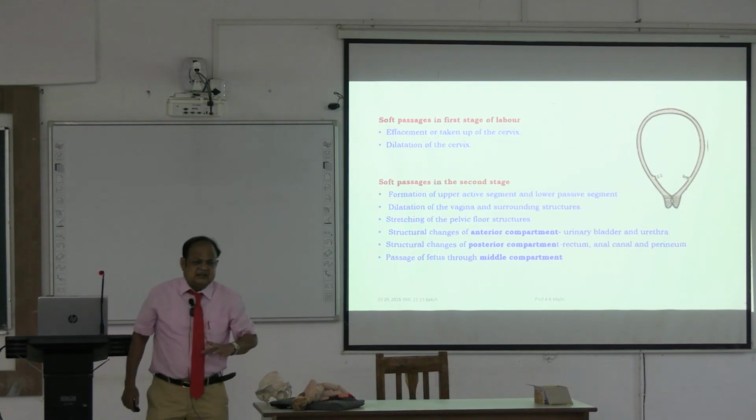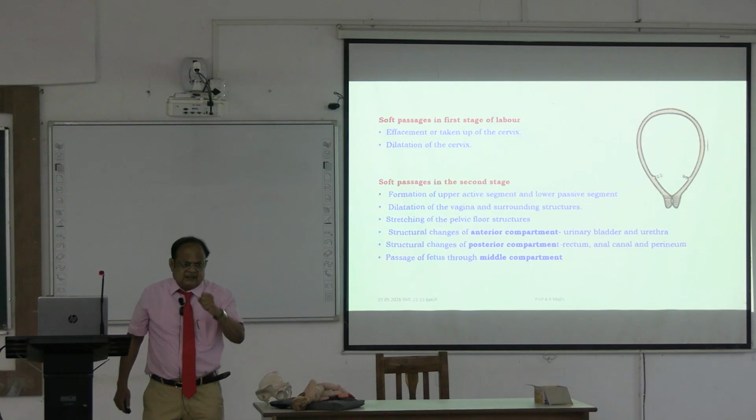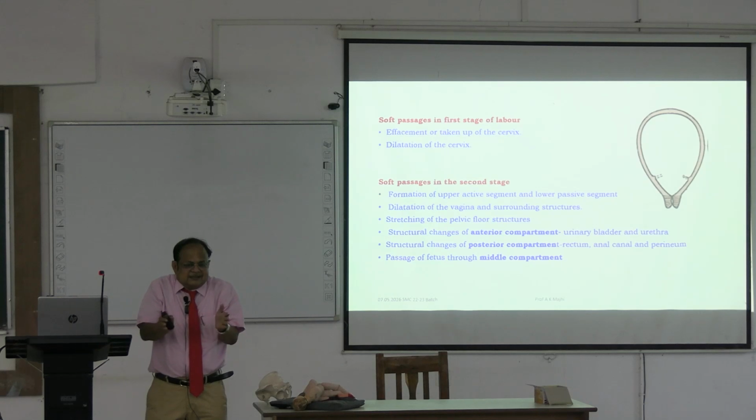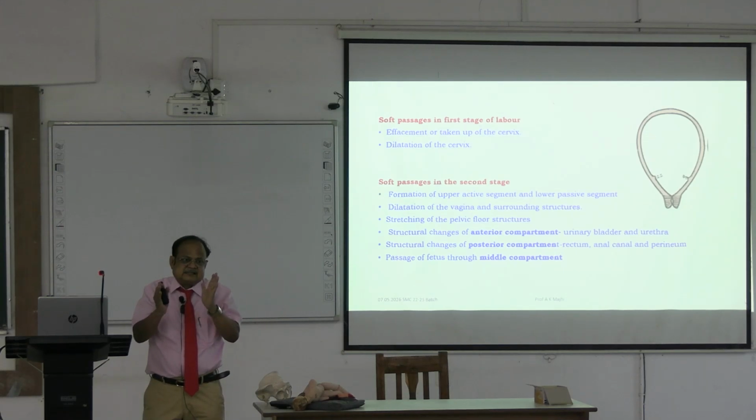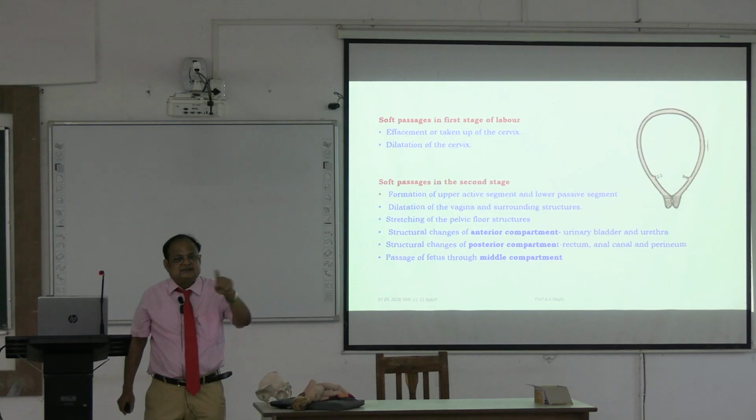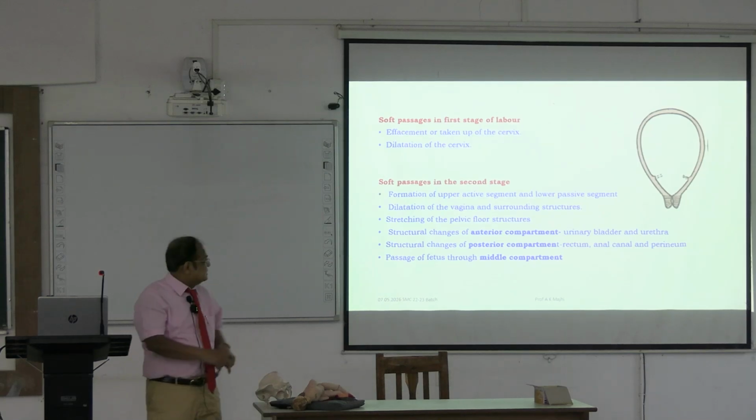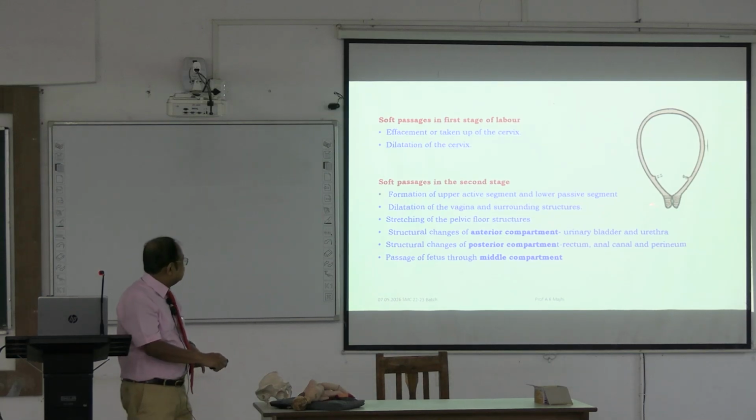During the contraction, the upper uterine segment acts actively. The lower uterine segment has to give passage for the fetus, so it contracts passively, and the lower uterine segment and the cervix become a single functional part. That is the passive segment, when the cervix is merged with the lower uterine segment.